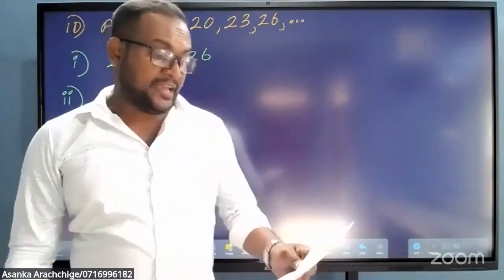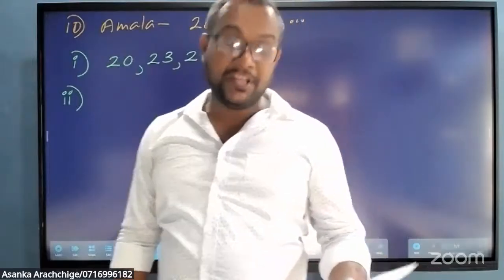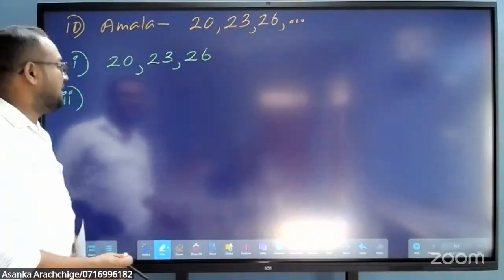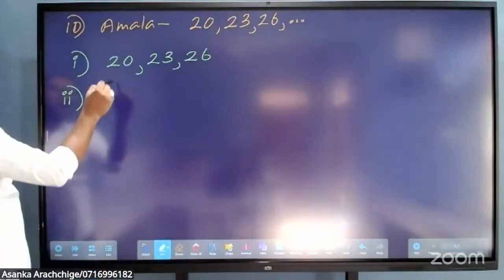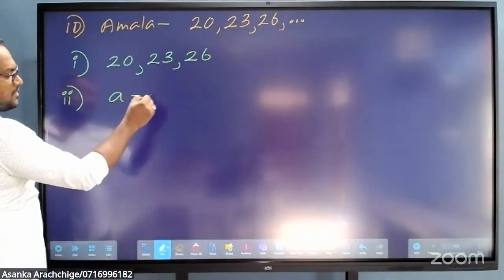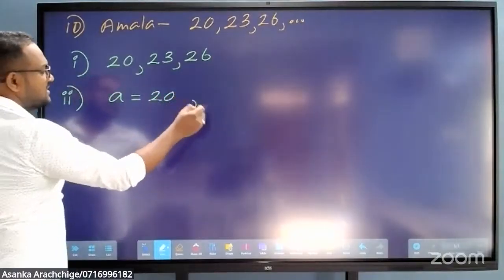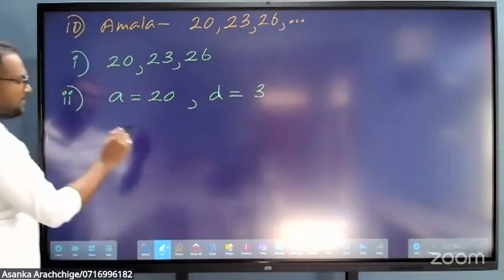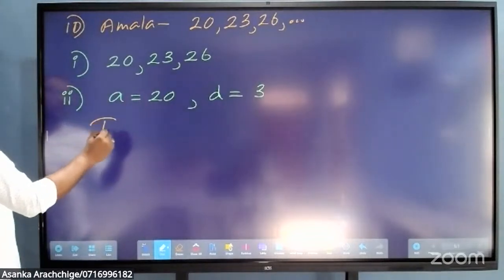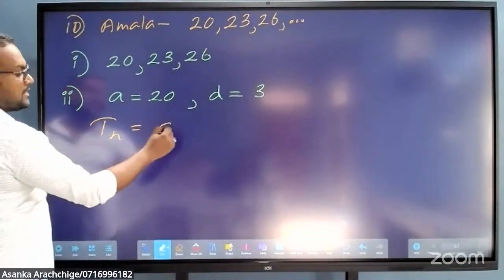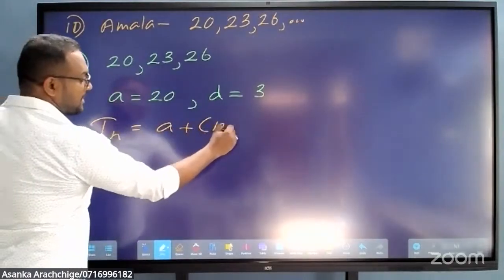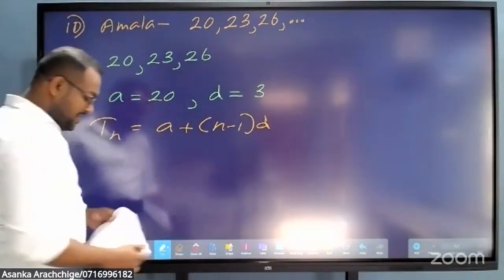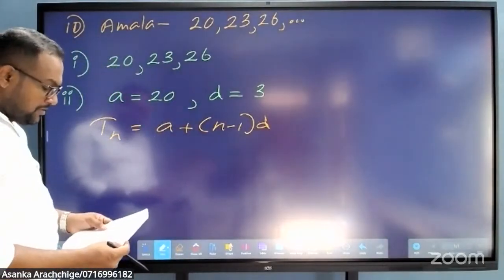How many pages does Amala read on the 16th day? Right. Here, A is equal to 20, common difference D equals 3, and you know Tn equals A plus n minus 1 times D. Here we have to find T16.